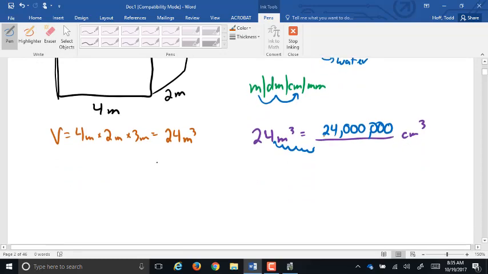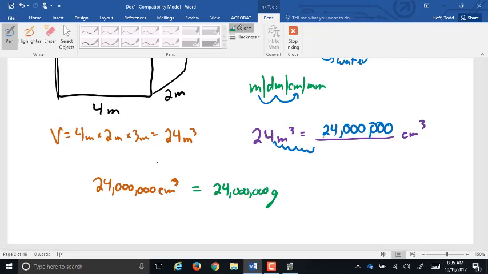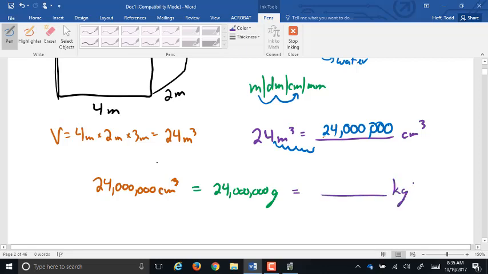Let's go ahead and switch this over. 24 million cubic centimeters of water would be 24 million grams, which would be how many kilograms?